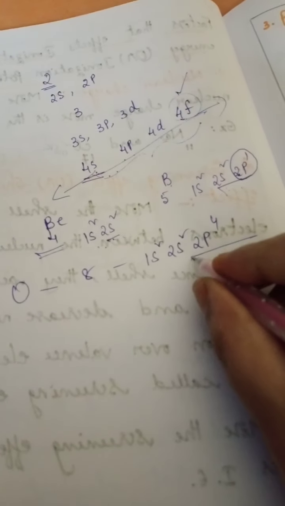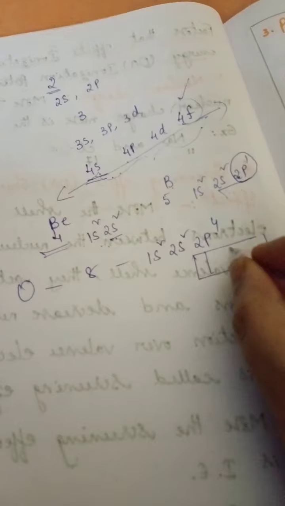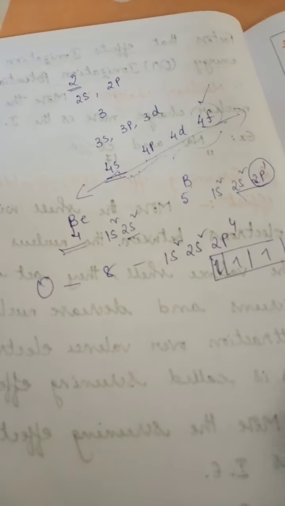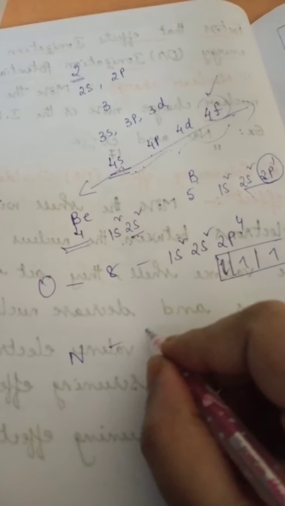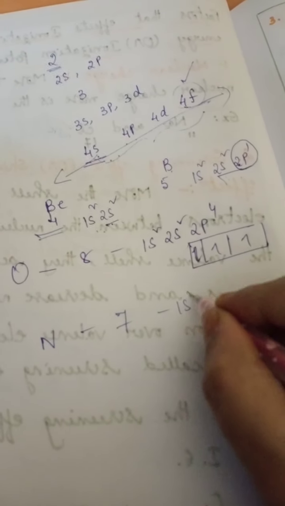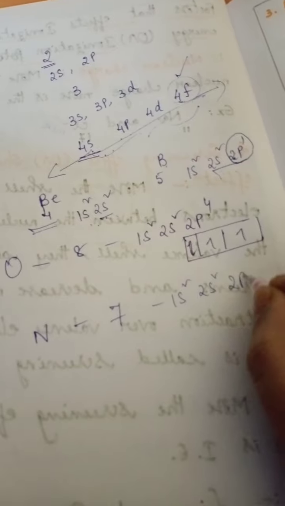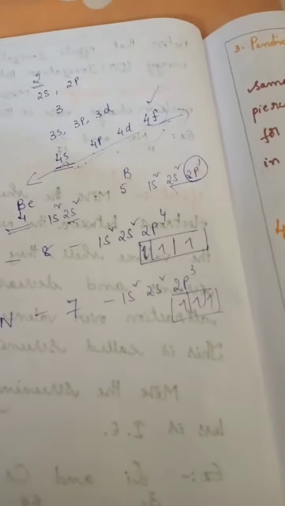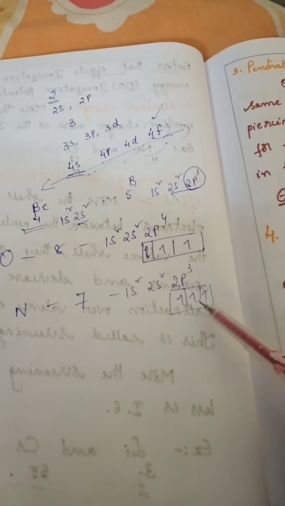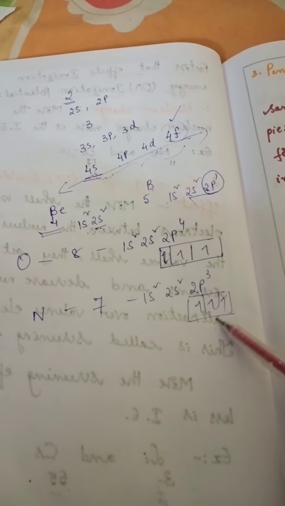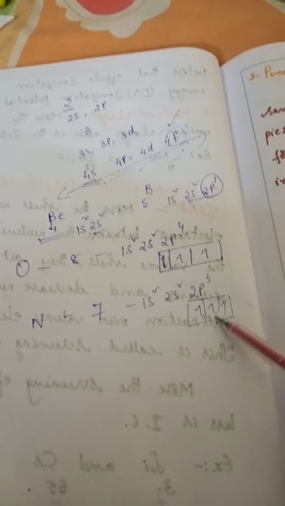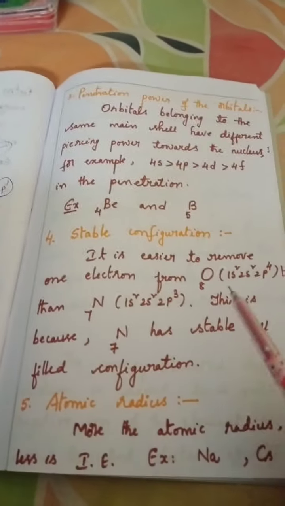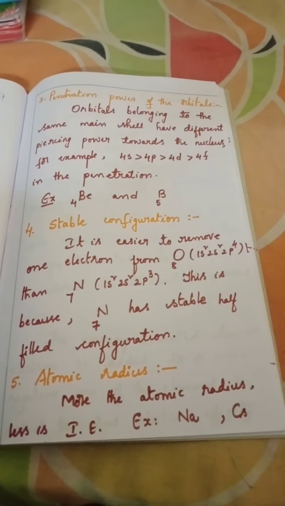Here the 2p4 configuration has 1, 2, 3, 4 electrons. Now for nitrogen, 7, 1s2, 2s2, 2p3. So it is half filled. To remove an electron from nitrogen, you have to supply more energy than for oxygen. So that is stable configuration.